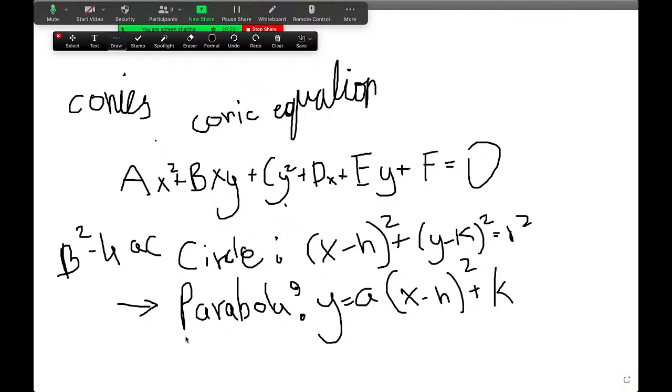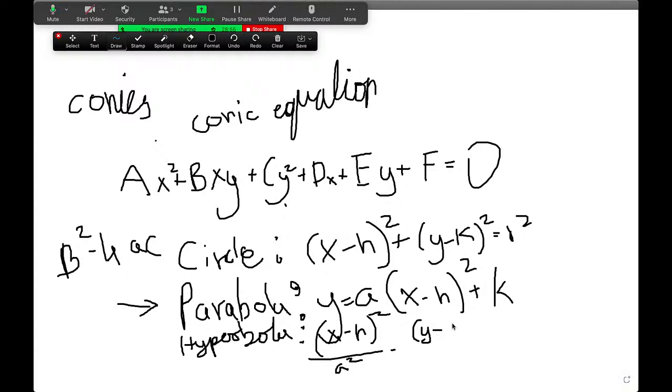Can Rohan tell me the hyperbola equation? Okay, so it's x minus h squared divided by a squared minus y minus k squared over b squared, I think.